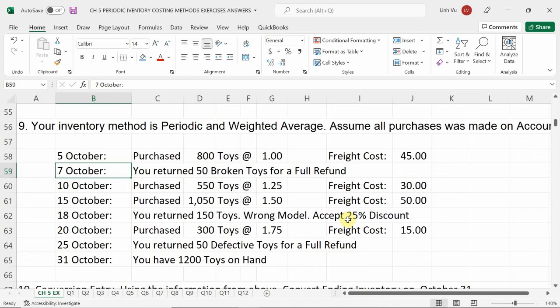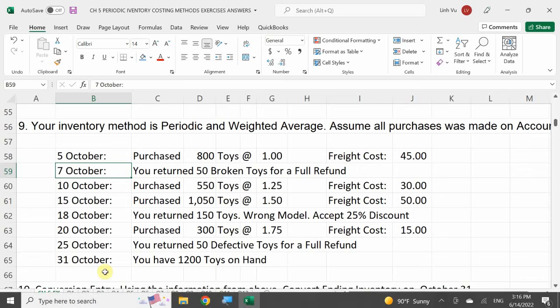We'll give you a 25% discount for this model. But at the end of the day, you could still sell this model in your store. It could be a limited time toy offered. So in this case, we accepted it. So we're going to refund 150 toys, but actually keeping them, but accepting a 25% discount.